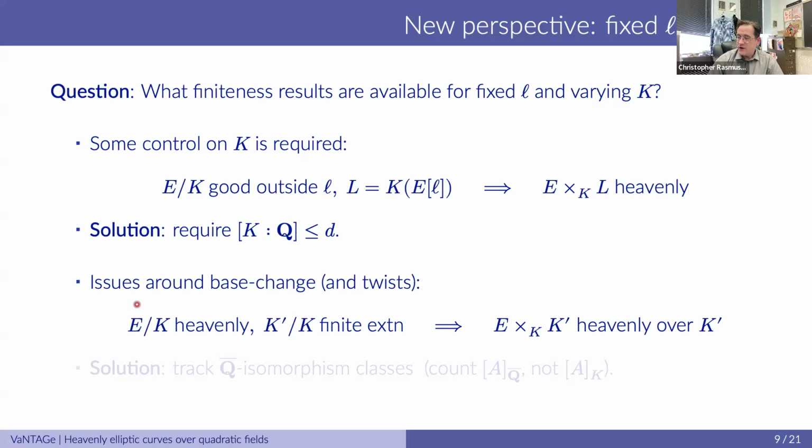And for now, I'll give a more delicate solution a little bit later, but for now, the solution is to simply count Q bar isomorphism classes instead of isomorphism classes over K. This is a little bit overkill, and I hope I can say something more about that near the end of the talk. But basically, of course, if we only consider things up to Q bar isomorphism, it's not going to be the case that issues of base extension or quadratic twist are going to interfere with how we count these classes of heavenly elliptic curves.